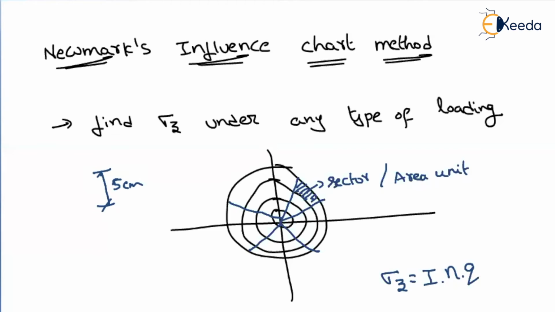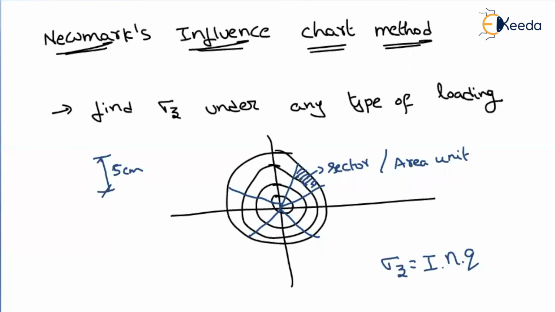Let me define the terms here. What does I represent, what does N represent, and what does Q represent? I is nothing but the influence coefficient of the chart.